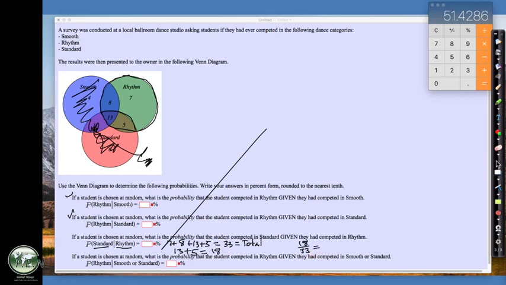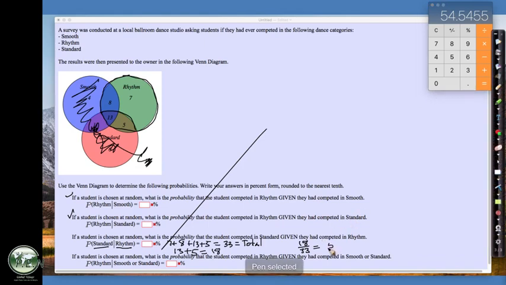And we come over to our calculator. 18, oops, clear that. 18 divided by 33 is equal to that, times 100 to make it a percentage. And we have 54.54. So we're rounding to the nearest tenth.